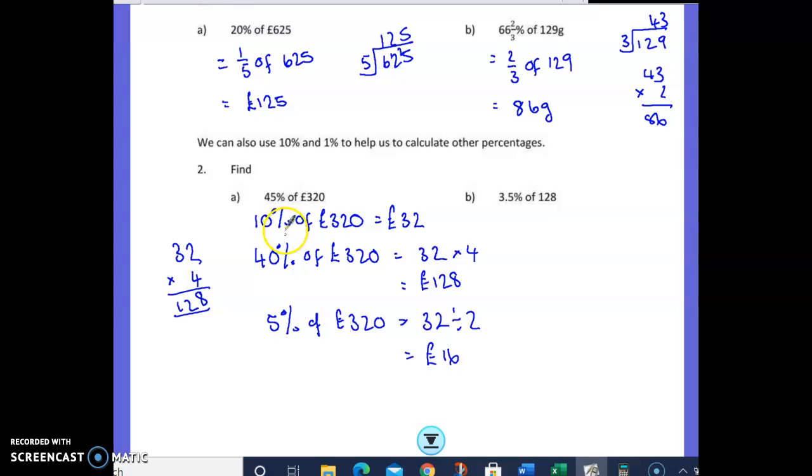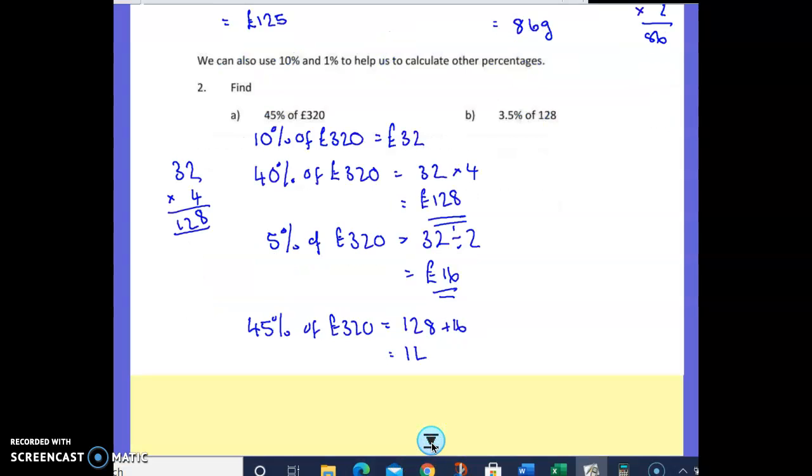So it's £16. So 45%: there's my 40%, there's my 5%. I add those two together, because 40 add 5 is 45. Oh, can't write there. It is 144.